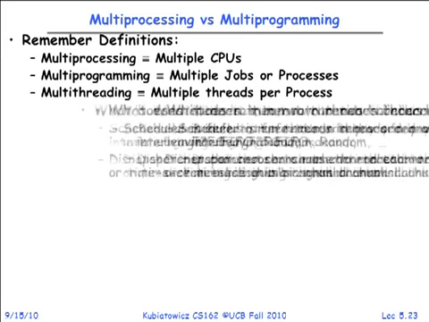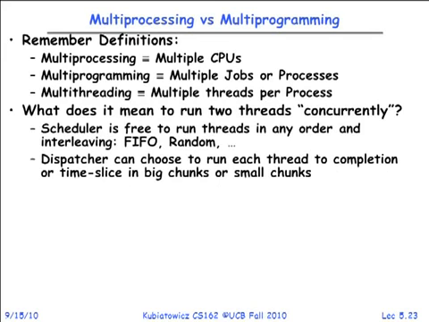So what does it mean to run two threads concurrently? Remember we were distinguishing concurrent and parallel. I gave you this definition early on, let me bring this back. If two threads can run concurrently, it doesn't necessarily mean they run at exactly the same time, but it means they could in principle be interleaved in some arbitrary way.